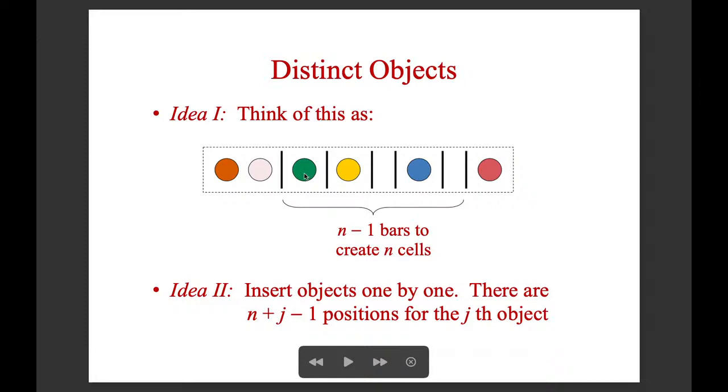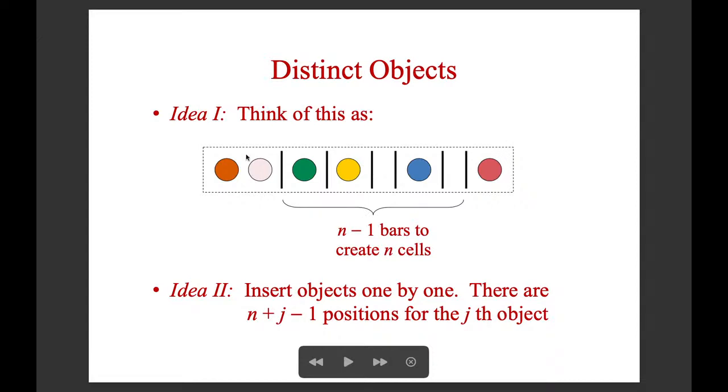We have done that before. This is like a permutation of the bars and the balls, so it is C(n plus r minus 1, r).